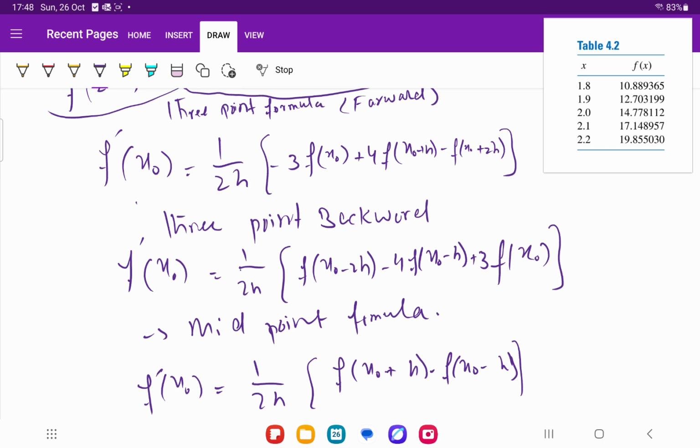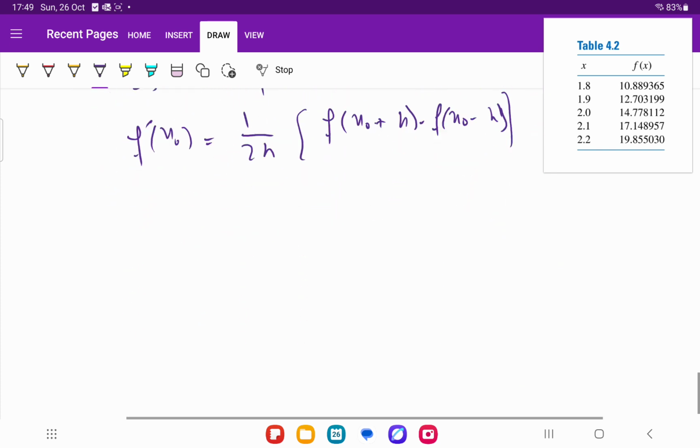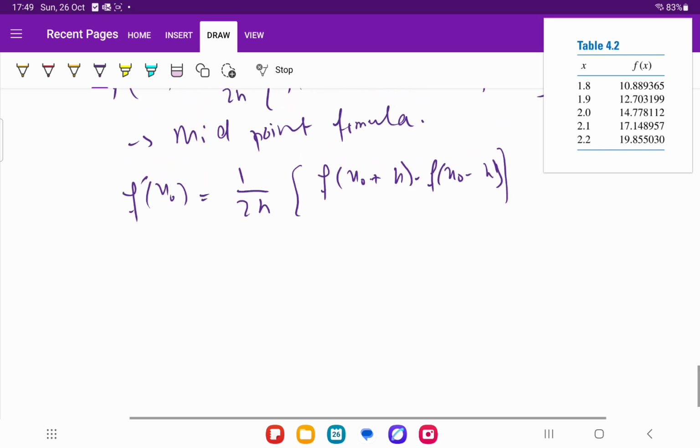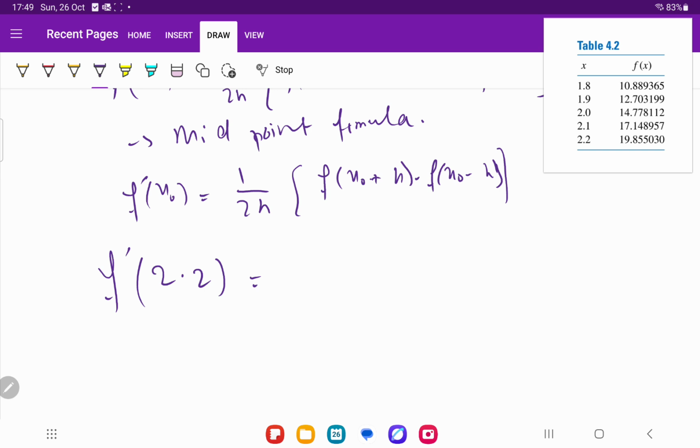Why? For example, this is the midpoint formula, and I want to approximate f dash at 2.2.